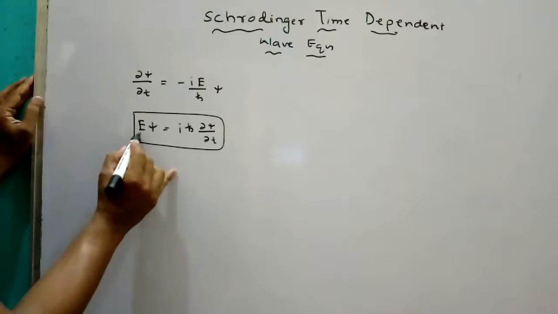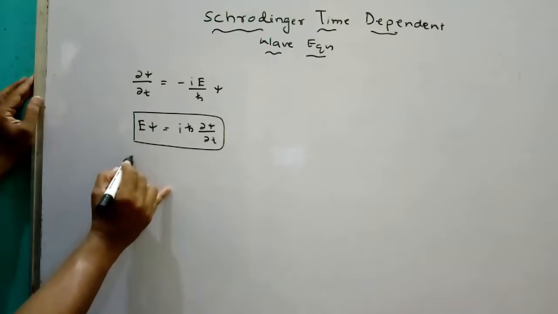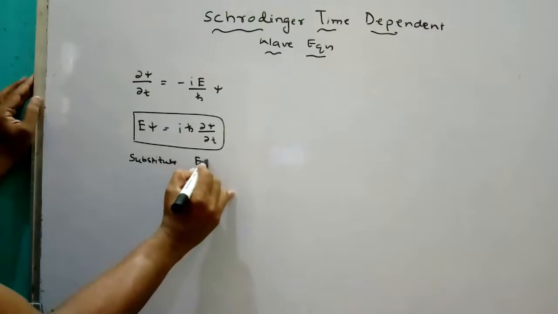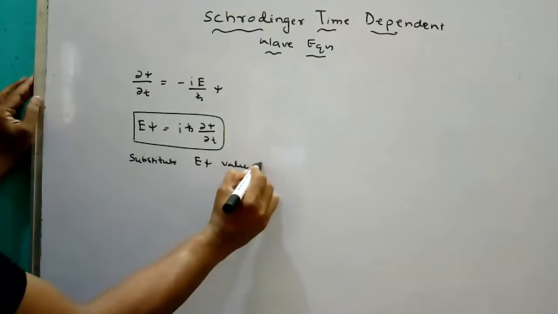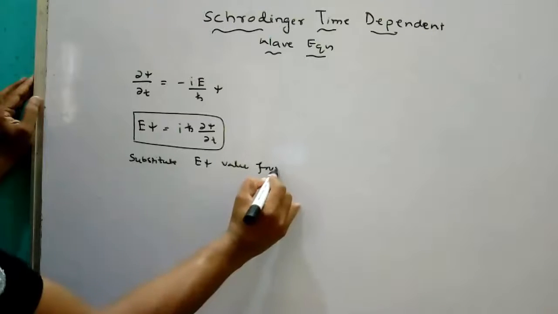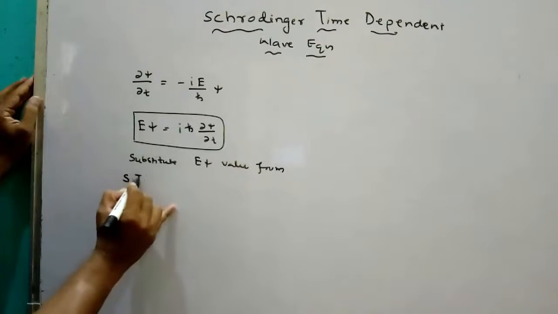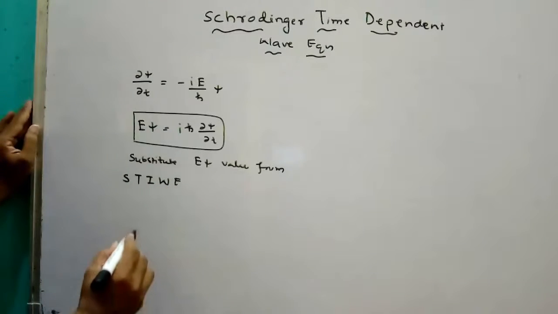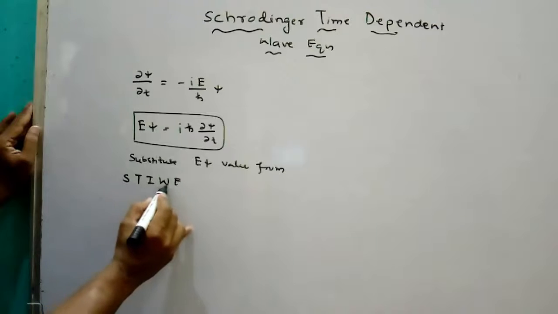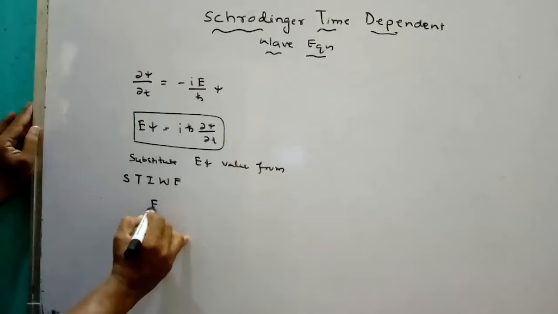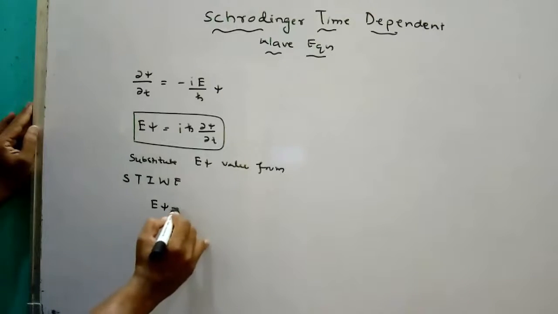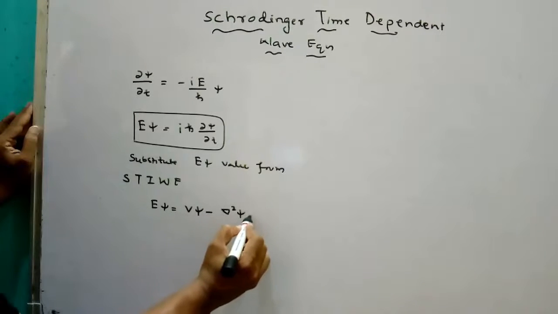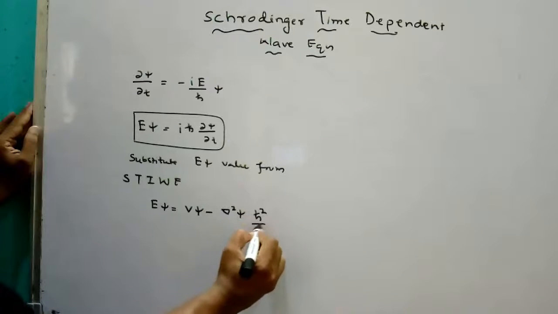So here substitute the E psi value from Schrodinger time independent wave equation. From the Schrodinger time independent wave equation, E psi equals V psi minus del square psi h cut square by 2m.